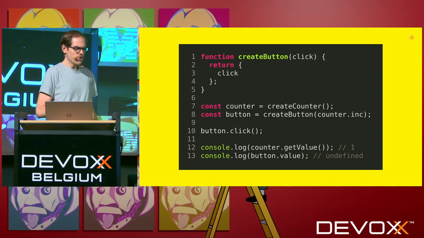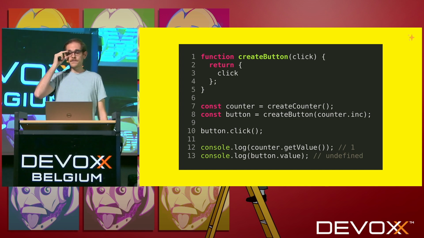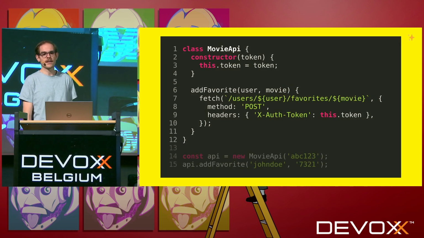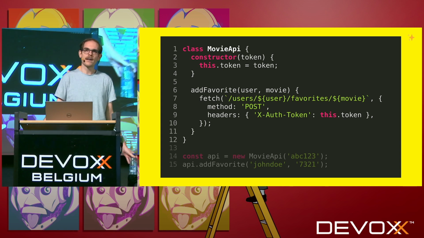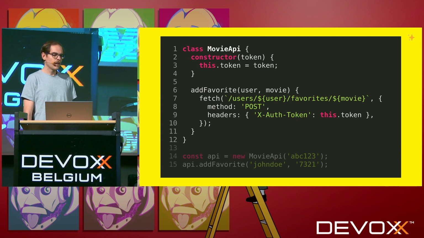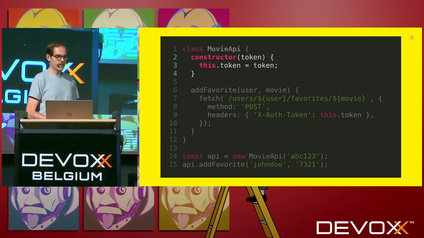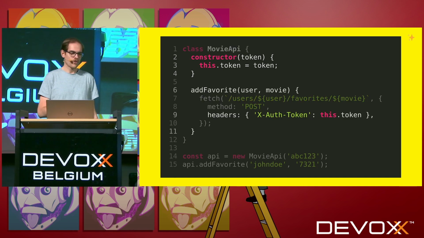And you might think that this is a very simple example, but it's actually relevant and useful in real life. I'm sure you've all done this at some point. A movie API class that gets a token in the constructor, and then that token can be used from all the methods.